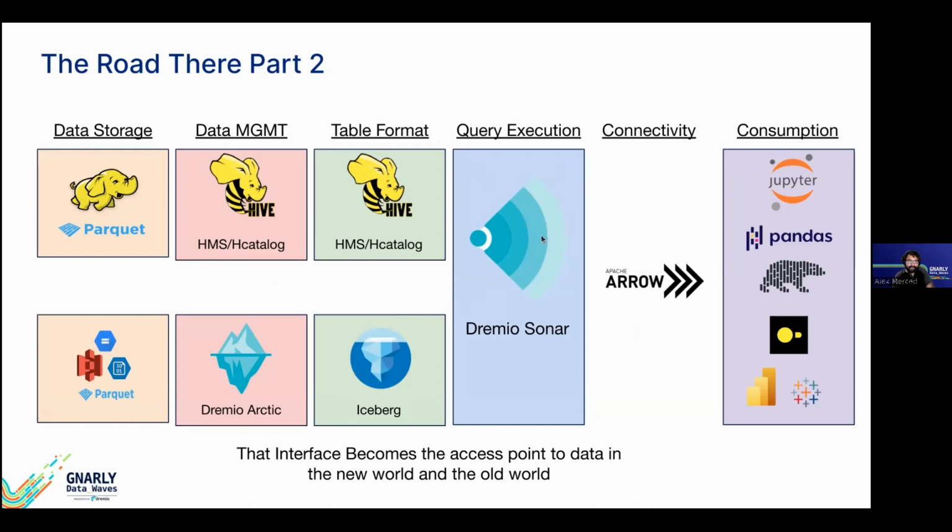So the Dremio interface becomes the access point. That way, you're not having this constant friction of having to retrain the end user on how to use their data as you make this move. You just have to focus on actually executing the move. At this point, you can either be partially on-prem, partially in the cloud, or go fully on cloud as time goes.